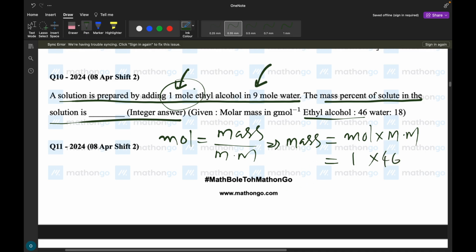So 1 mole of ethyl alcohol is 46 grams. Next, 9 moles of water. You can also do it directly. So 9 into molar mass of water, 18, is 180.